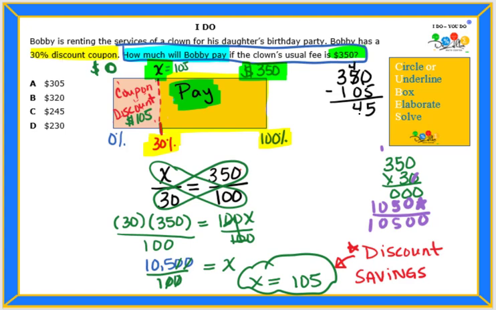So 4 minus 0, and 3 minus 1 is 2. So the amount left to pay is $245.